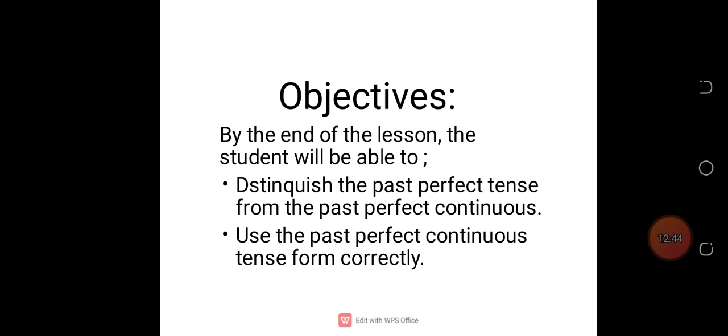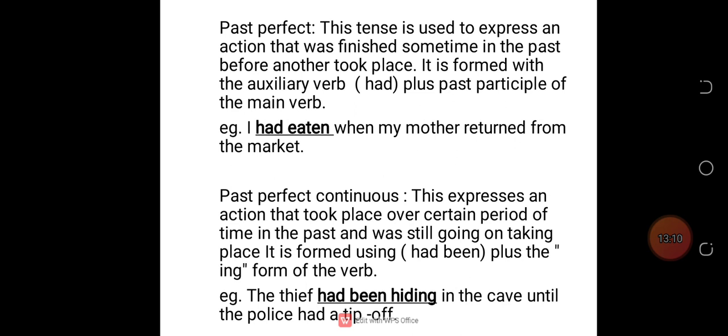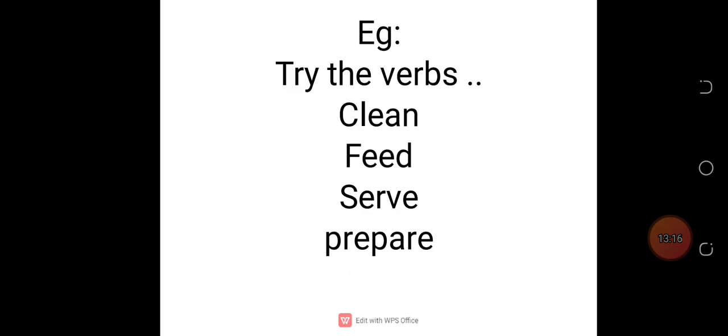We also looked at our objectives for the day, where we had to look at the difference between the past perfect tense and the past perfect continuous, and we learned how to use the past perfect continuous tense form correctly in sentences. We had some examples, we looked at the definition and gave examples to explain further, and we also used some given words to form sentences on our own.